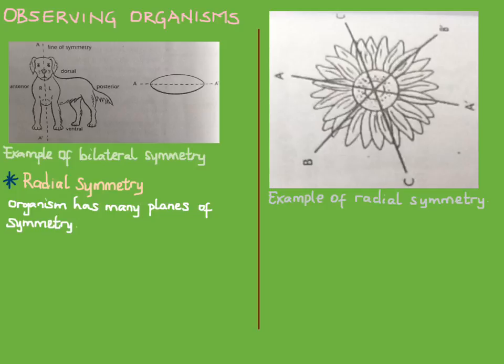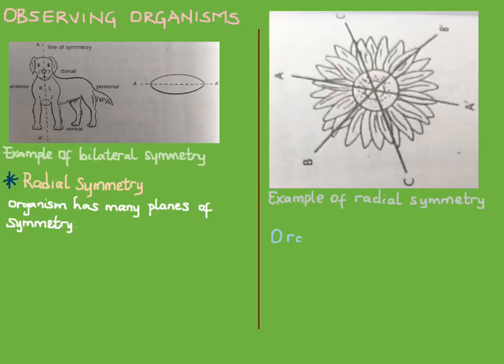Lines A and A prime, B and B prime, and C and C prime are planes of symmetry along which the flower can be divided into two equal halves, each half being the mirror image of the other. The flower has many planes of symmetry.